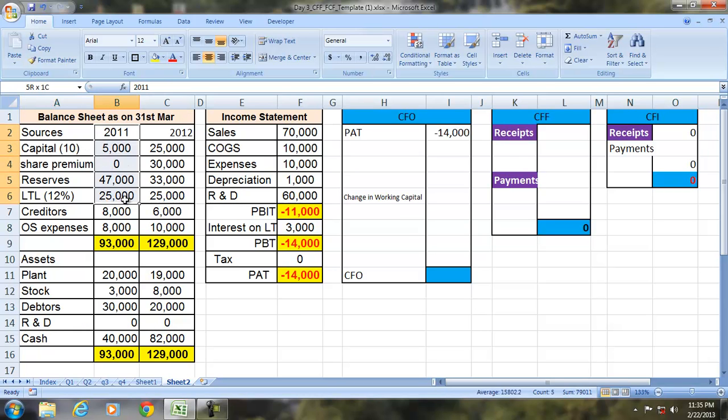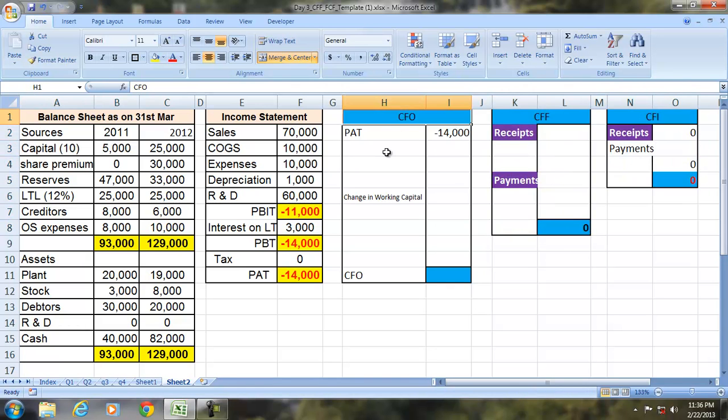In this example, the opening balance sheet, the income statement for the period and the closing balance sheet are given. So now we'll find the cash from operation, cash from financing and cash from investment.